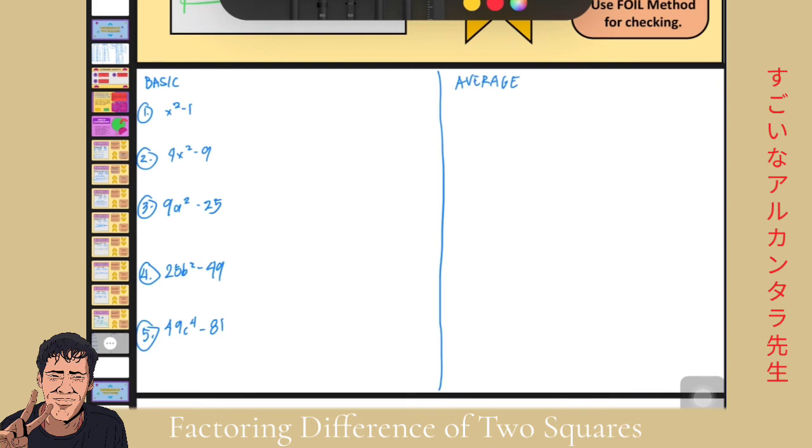So for the average, let's say we have x raised to 4 minus 16. Can also have here, let's say, a raised to 4 b squared minus c raised to 6.